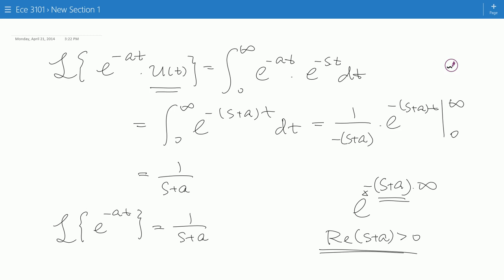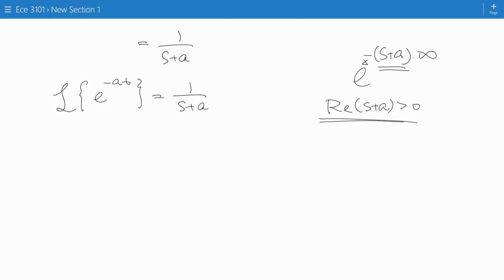And since the Laplace transform is kind of extended from the Fourier transform, they share a lot of important properties. For instance, one of them is the linear property, linearity.